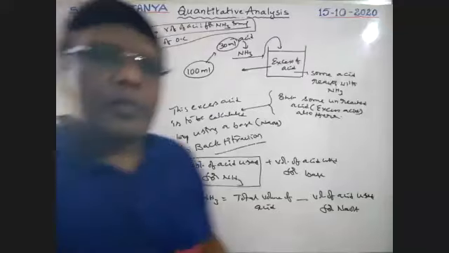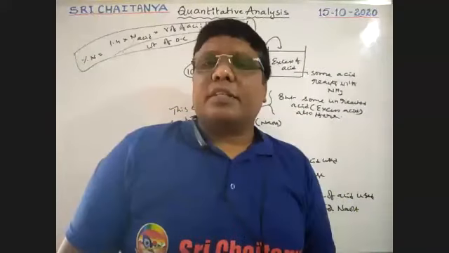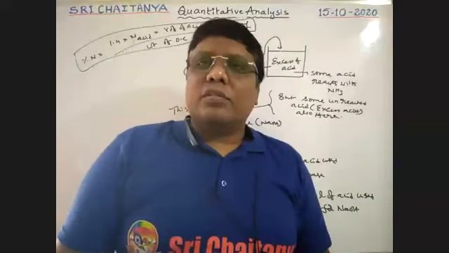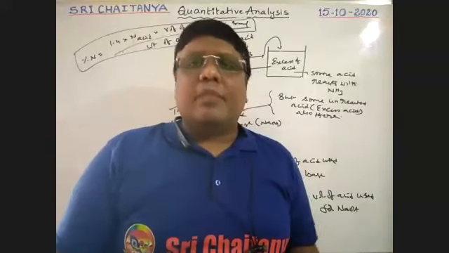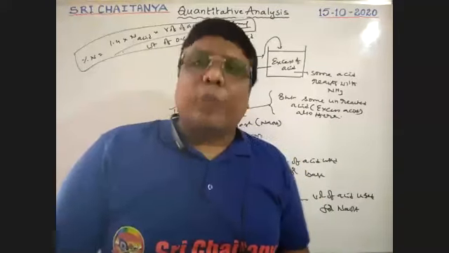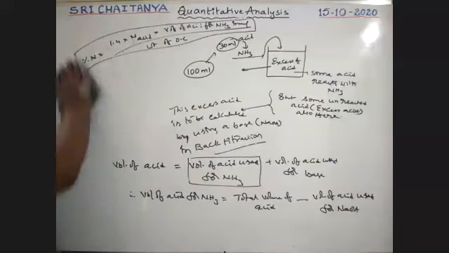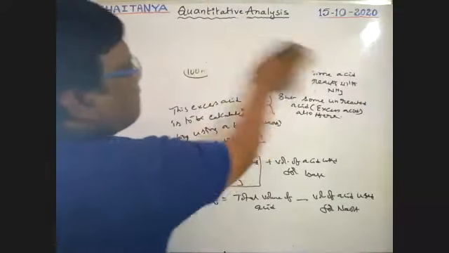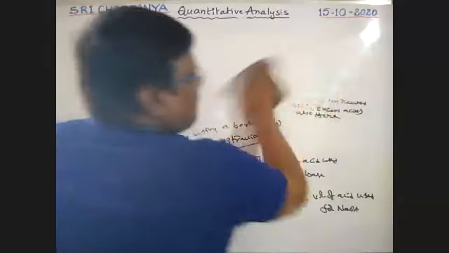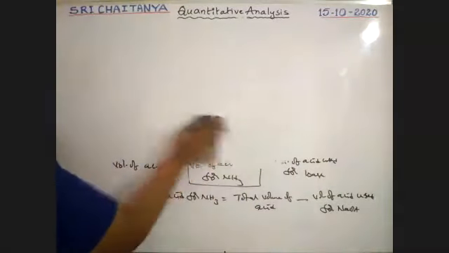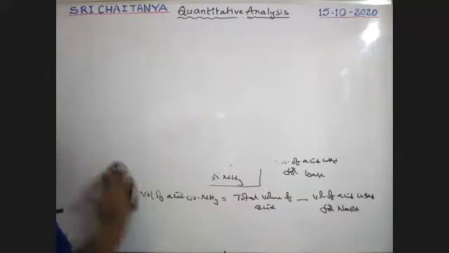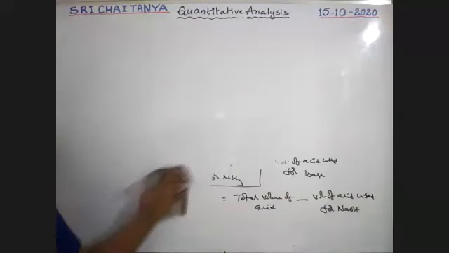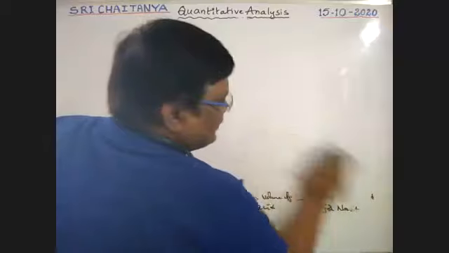Now see here, there are certain conditions, boys, in which this Kjeldahl method is not applicable. Now, note the points. During the total calculation, that 100 disappeared, boys.